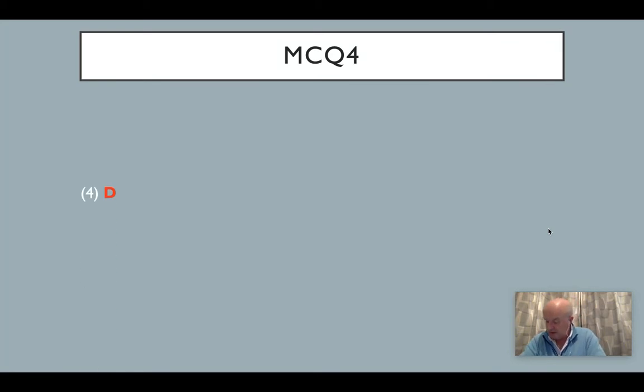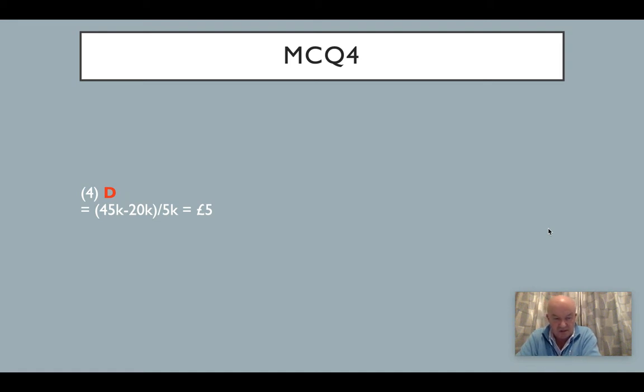Now, in this case, the answer would be D, which is £5, and the reason for that is that total costs, shown on page 31 of your booklet, are £45,000. But you can see that the total cost line starts at £20,000. So what that is telling us is that we must have fixed costs of £20,000.